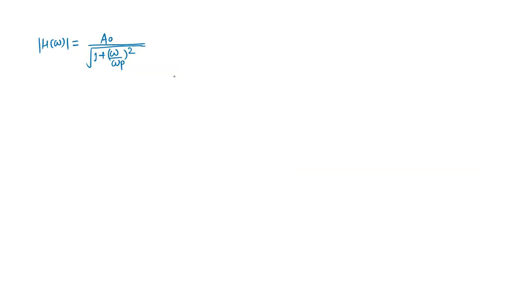So in our discussion, it is 1 upon 1 plus omega times 1 upon RC, whole square, then root on top of that. This is the magnitude of the transfer function we got here. It is nothing but the magnitude of our transfer function, which is V out by V in, where I replace s with j omega.